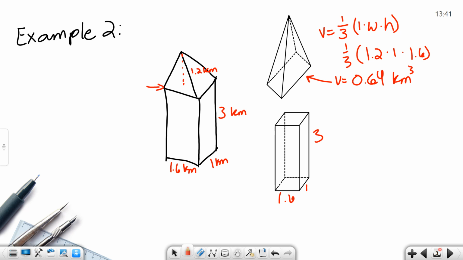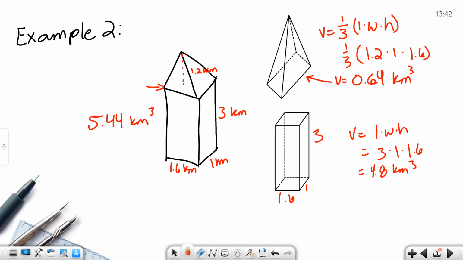Now we have 3, 1, and 1.6. Our volume is going to be equal to length times width times height. 3 times 1 times 1.6. 4.8 kilometers cubed. This time we get to add them together for a total of 5.44 kilometers cubed.